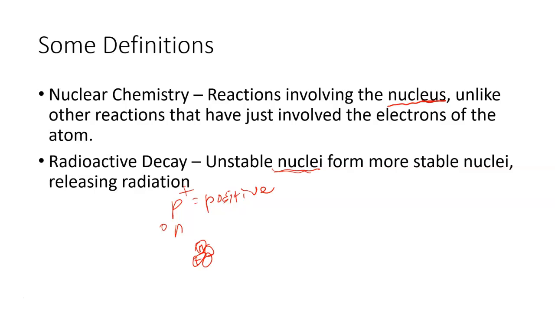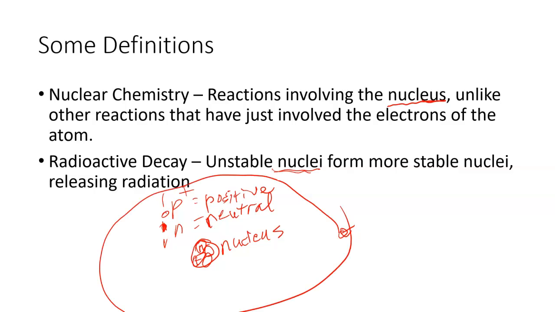So protons, positive 1, neutrons, 0 charge. We'll talk about what these numbers mean in just a moment. They're in the center of the atom, in the nucleus. And remember, our electrons are negative particles and they're zipping around on the outside of our atom.